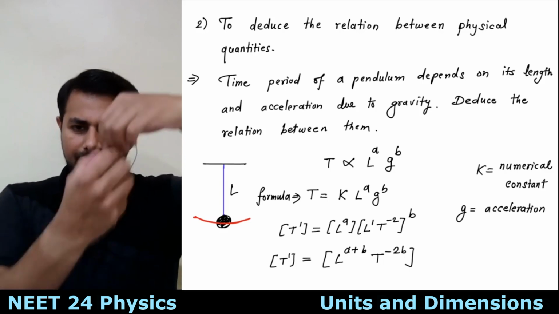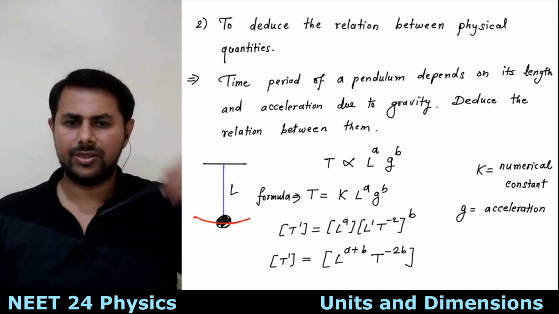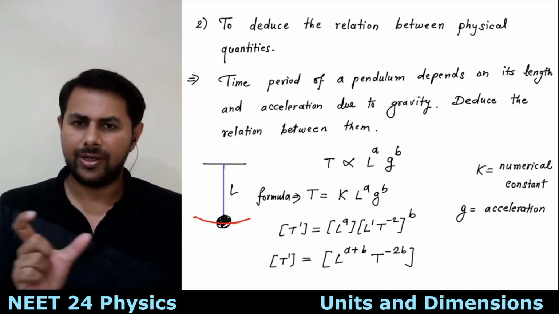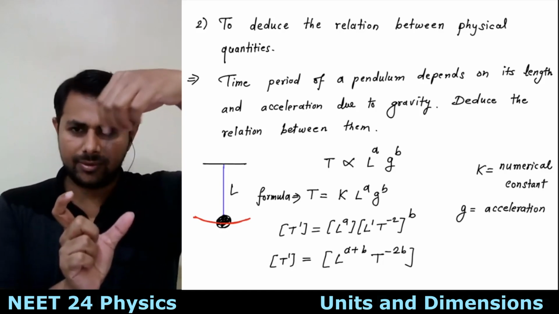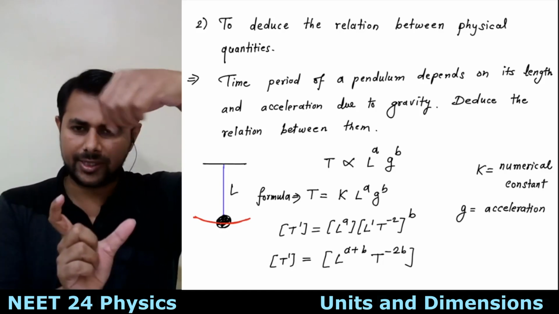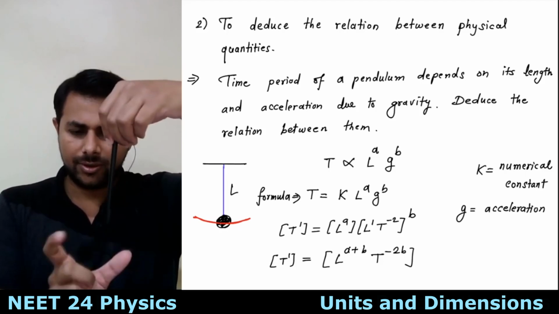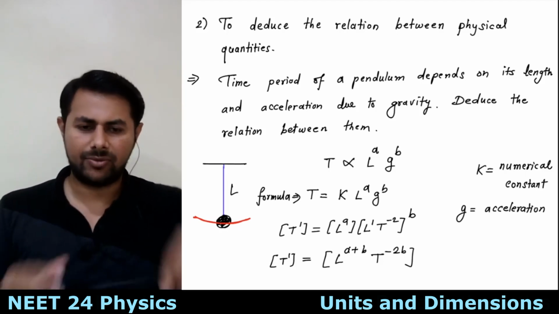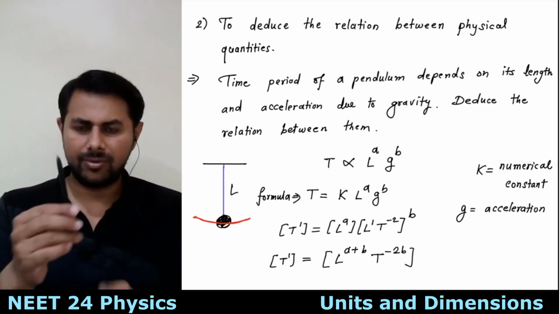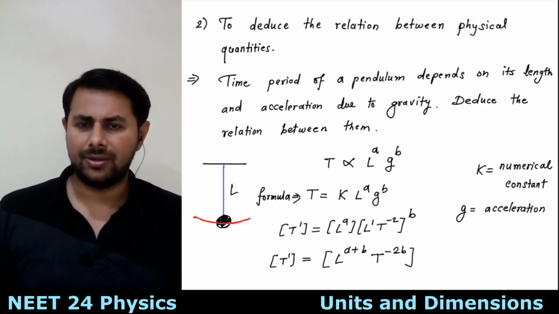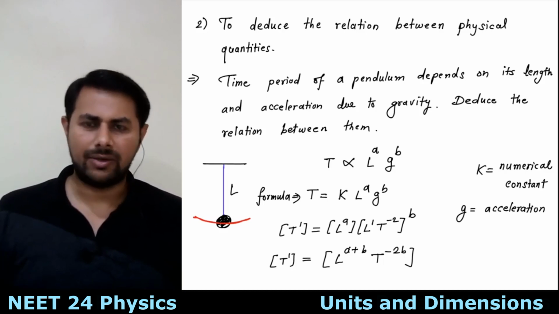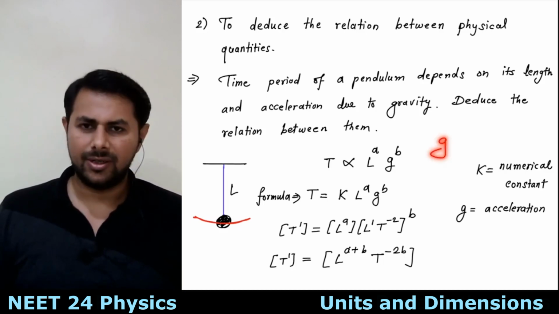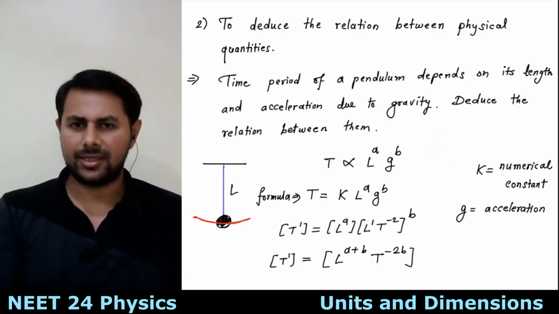That pendulum oscillates with a certain time period. It takes the same time to complete one oscillation. That time is called the time period, and they say this time period depends on the length of the pendulum and the acceleration due to gravity. Acceleration due to gravity is denoted by small g.